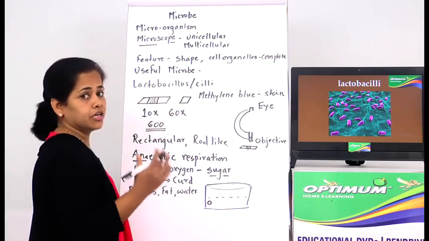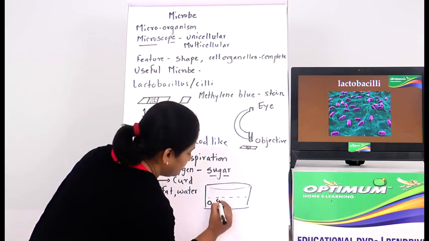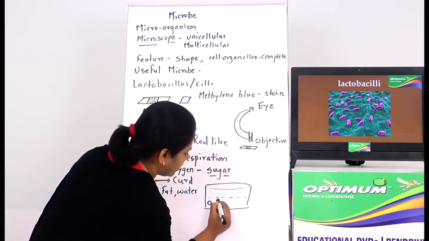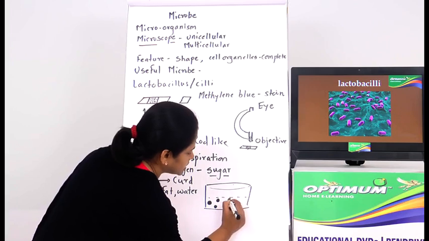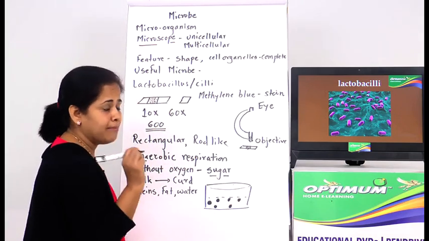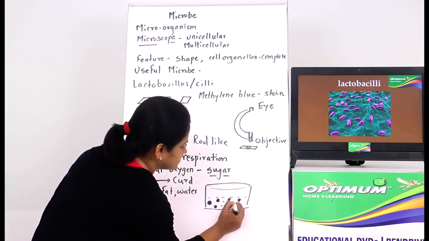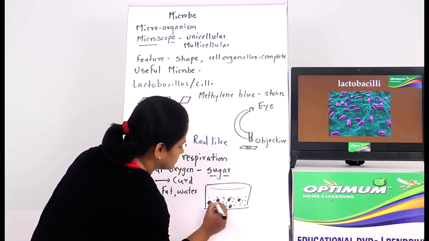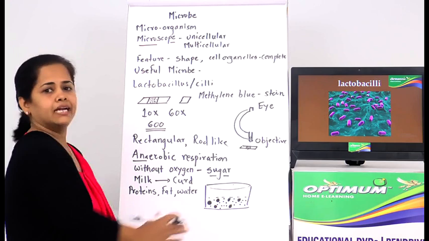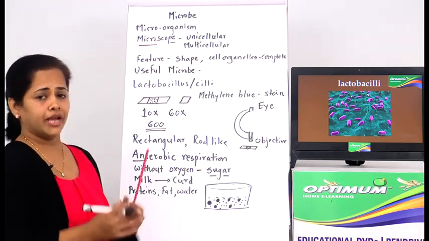I am just showing a pictorial representation. The big ones that I am drawing, which are darker, are fat molecules or fat globules, and the small dots I am making are proteins. So this is how they are randomly mixed in milk. So they are together in milk.